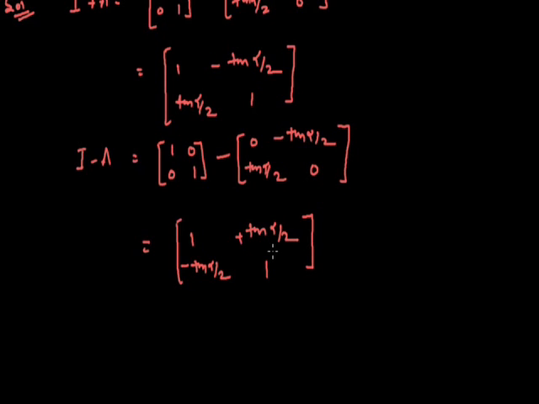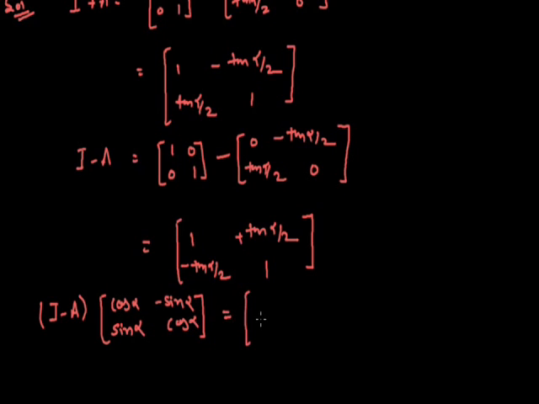Now similarly if we multiply on both sides, I minus A is multiplied with cos alpha, minus sin alpha, sin alpha, cos alpha, is equal to 1, tan alpha by 2, minus tan alpha by 2, and 1.